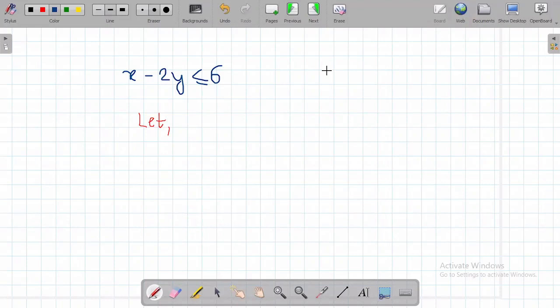Okay, Subeksha has written let the boundary line be.